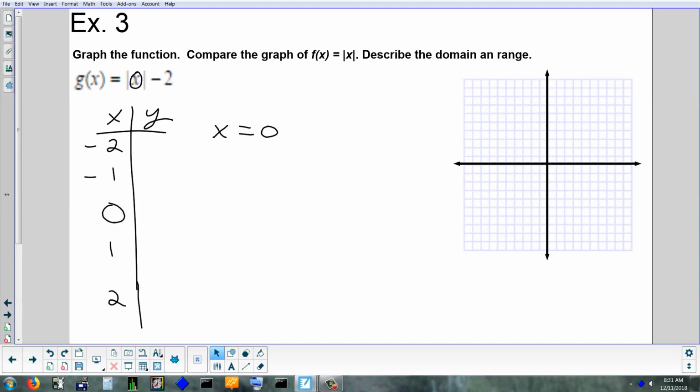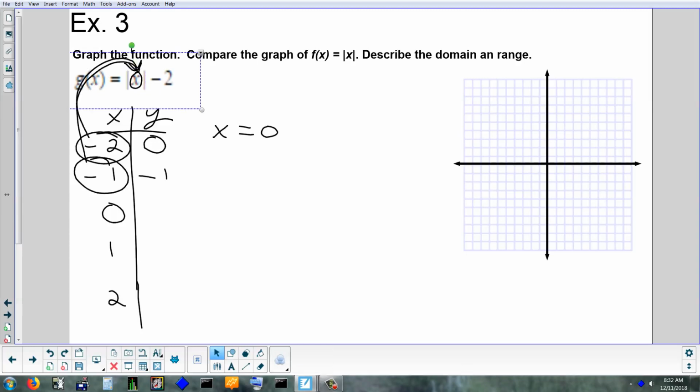Plug it in. Let's start with -2. What's the absolute value of -2? 2. Take away 2. 0. Let's do another one. -1. What's the absolute value of -1? 1. Take away 2. -1.